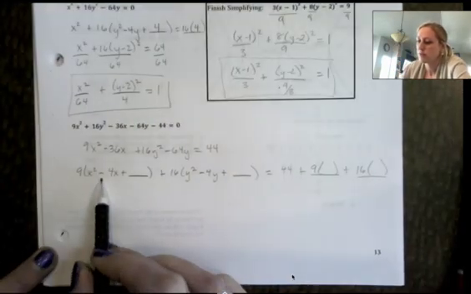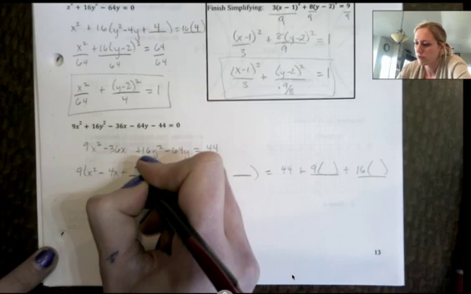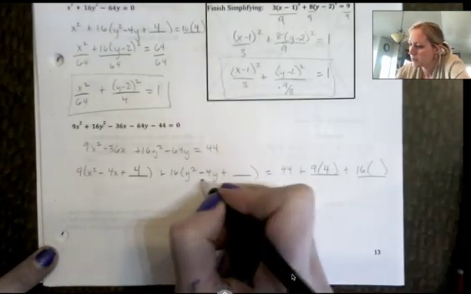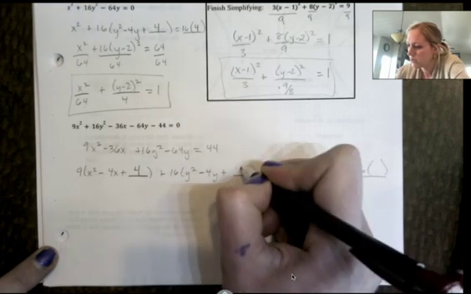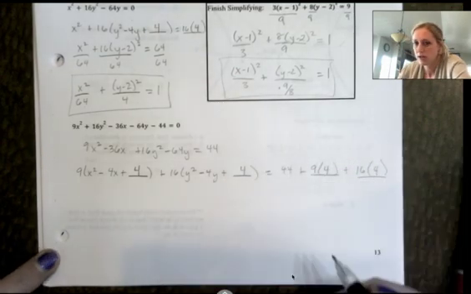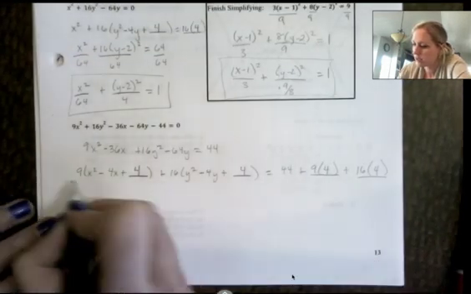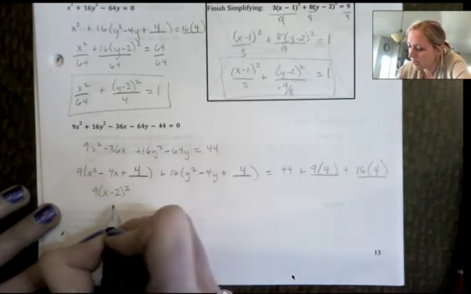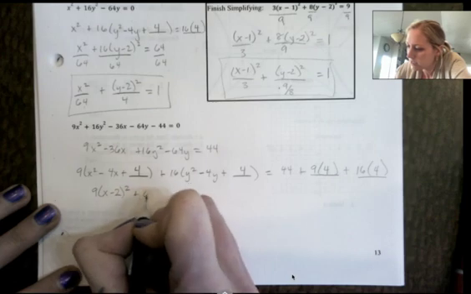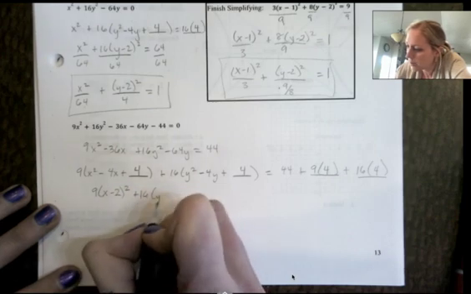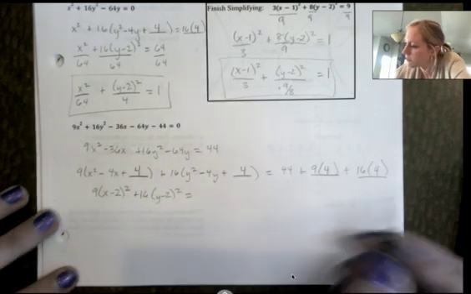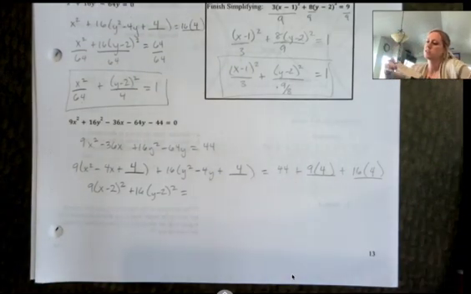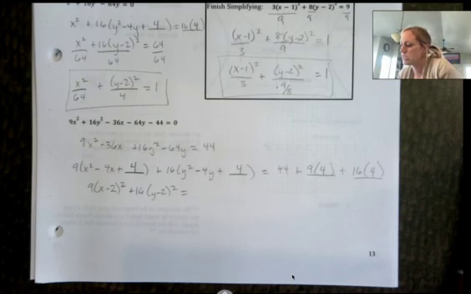Okay, so b over 2 squared here is 4. Add the 4 there. b over 2 squared here is also 4. All right, so we've got 9 times x minus 2 squared plus 16 times y minus 2 squared equals, what do we got here? 44 plus 36 is 80.